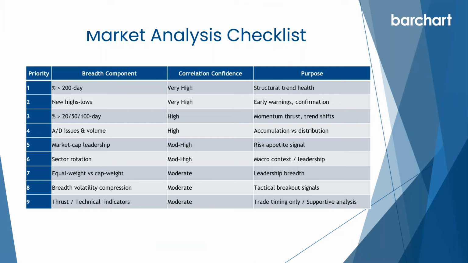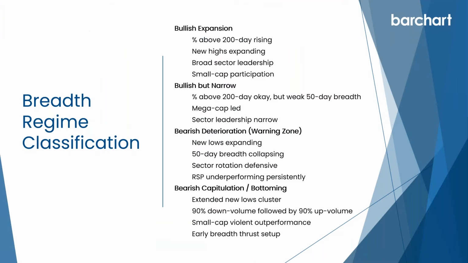Okay. So let's talk about breadth regime. Again, bullish expansion. We want to see that 20-day, the 200-day moving average rising, that trend, new highs expanding, broad sector leadership, small caps especially at the beginning of a new move. Bullish but narrowing, right? We have a good or okay 200-day, but our 50 is weakening.